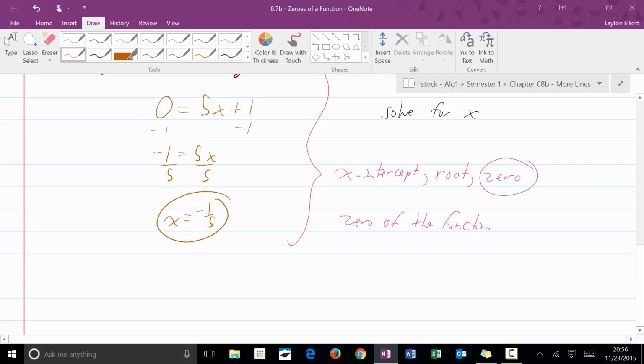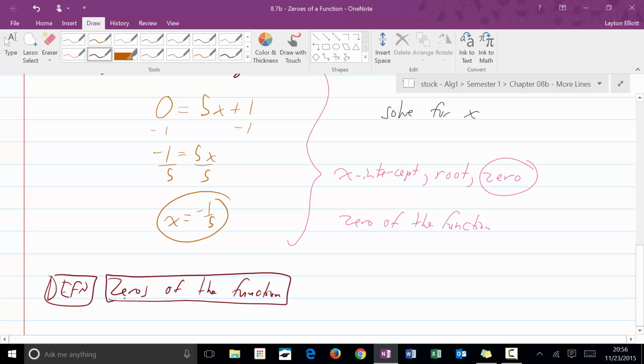So I'm going to give you a definition. This is a definition I want you to know. Zeros of the function are all x values that make the entire function equal to 0.